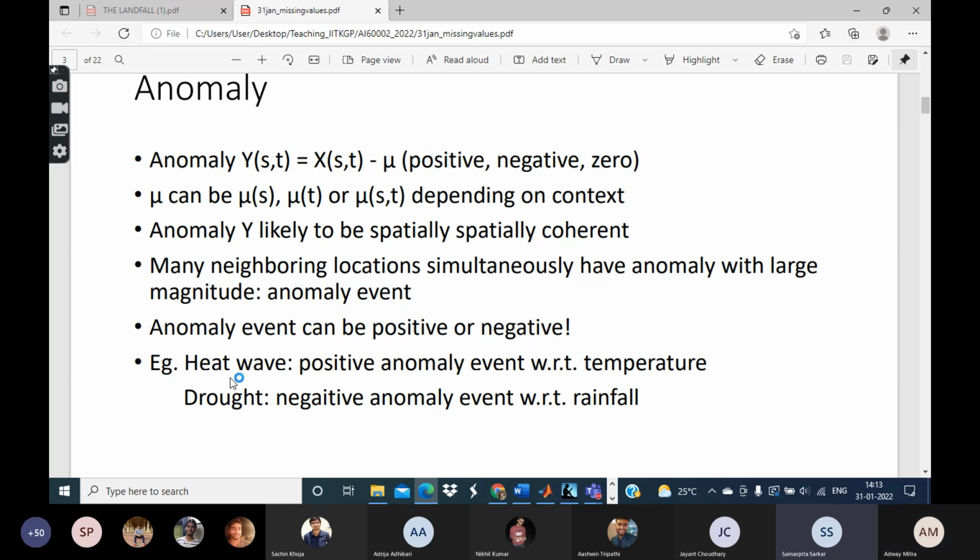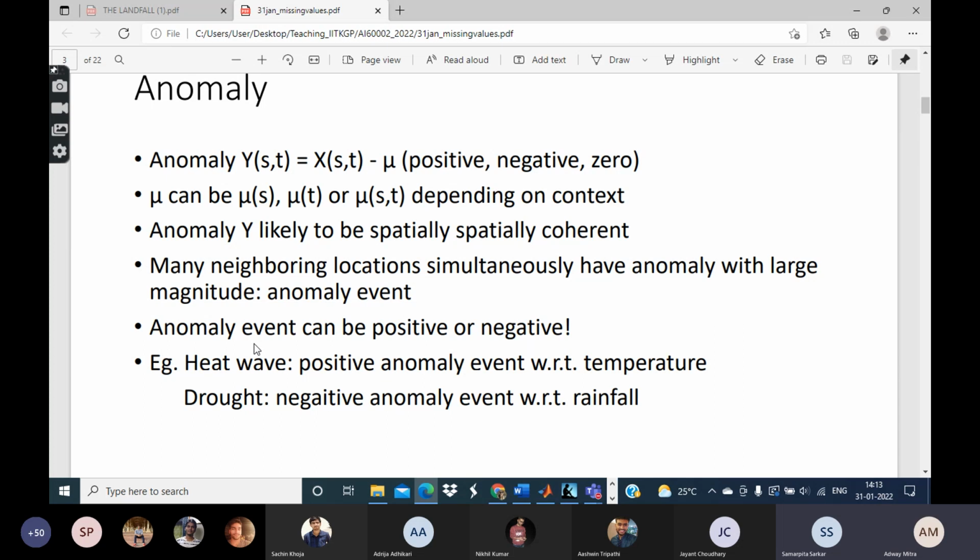Now these kinds of anomalies are often spatially or temporally coherent, right? So it means that, suppose at any given time the mean temperature in Kharagpur is higher than usual, that is, it has a positive anomaly.